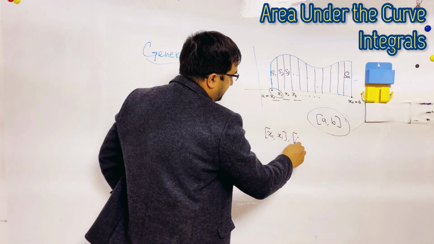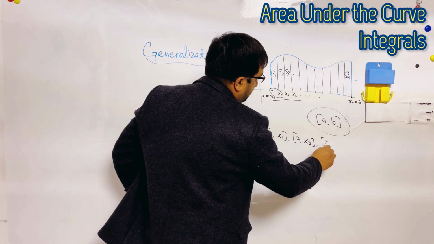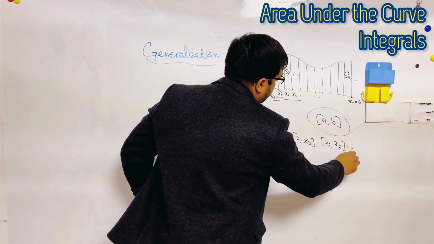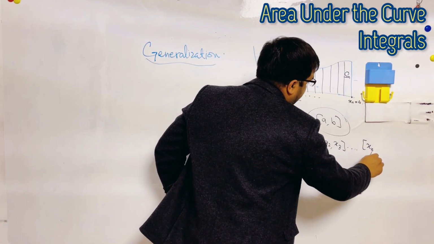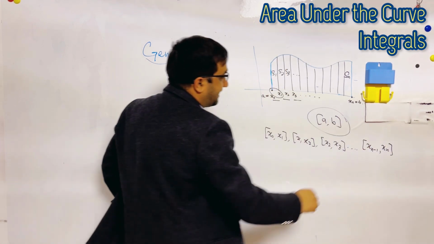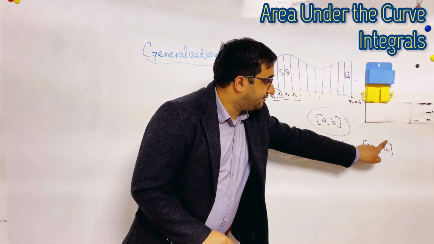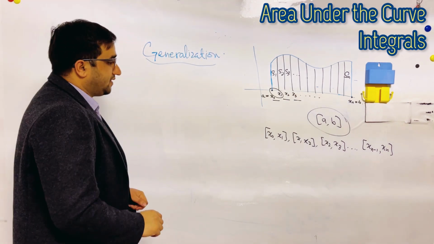Then x1, x2, then x2, x3, and so on. After many intervals, the final one is xn, and the very previous one will be n minus 1.